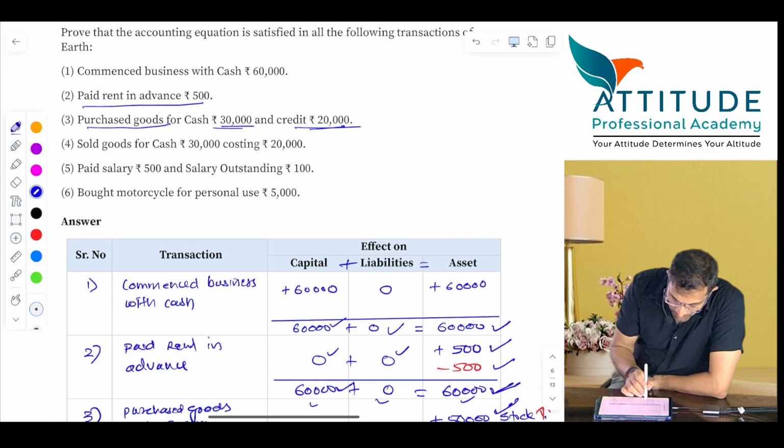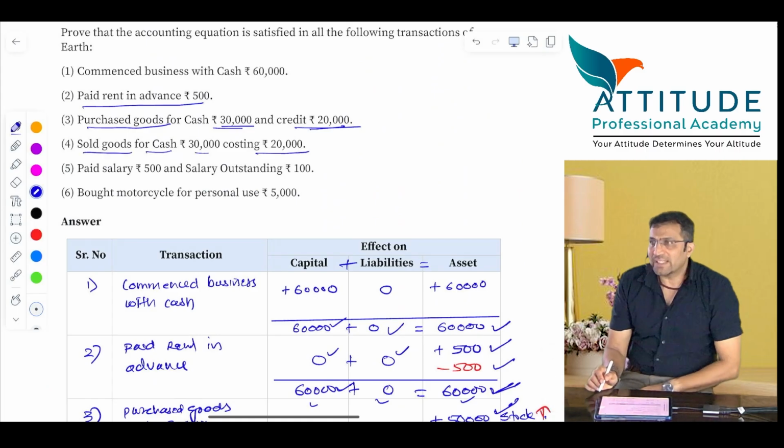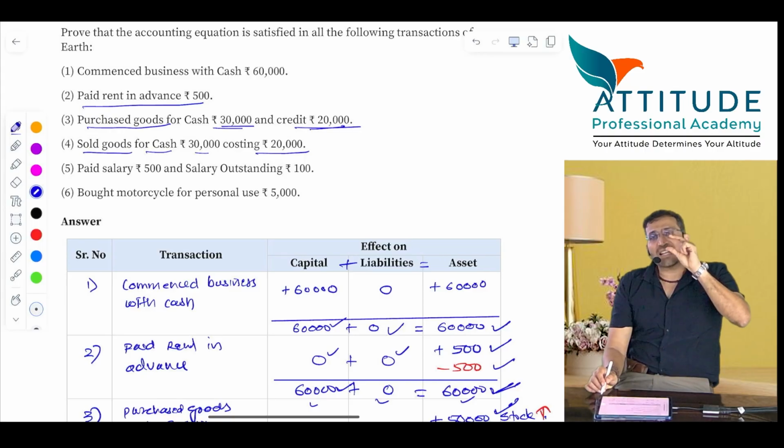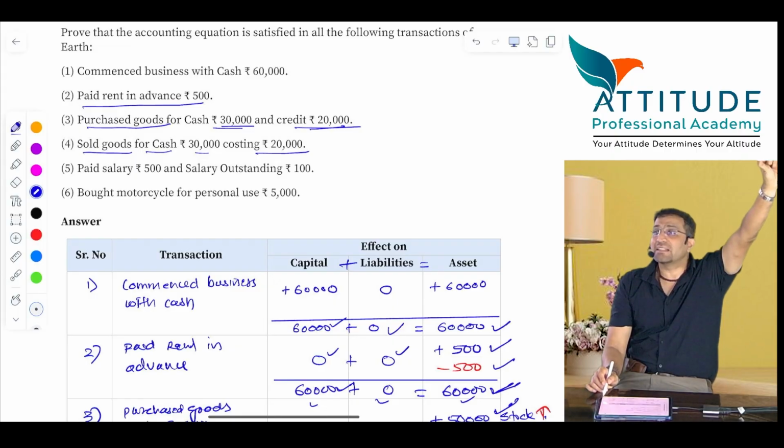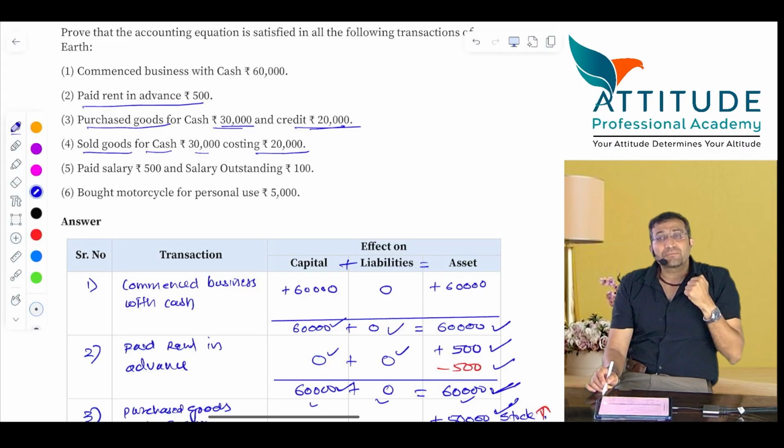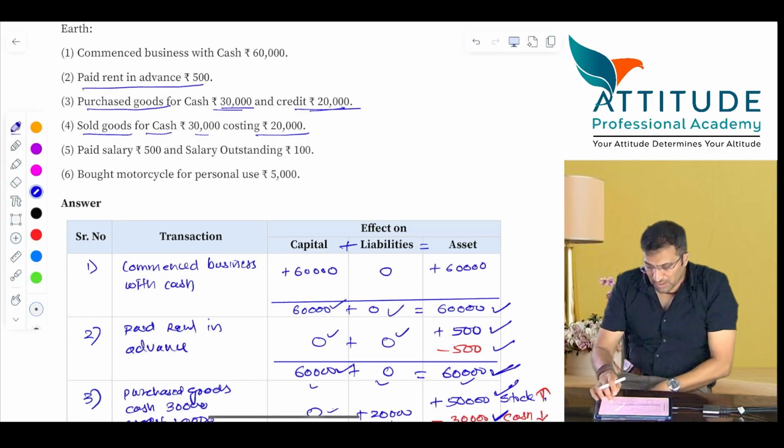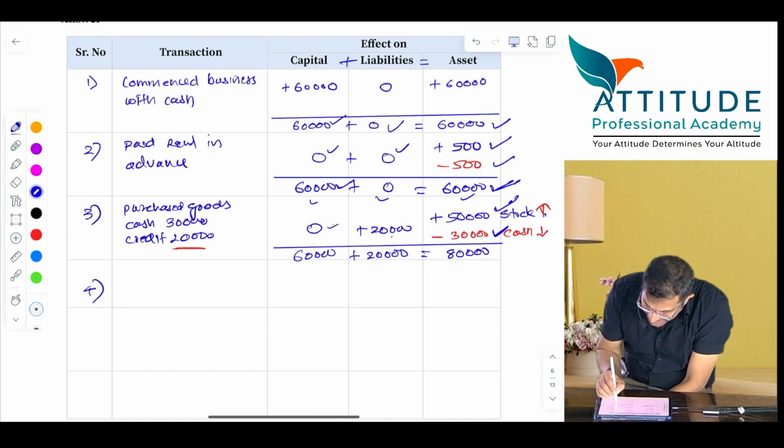Tell me. Fourth. Sold goods for cash 30,000 costing 20,000. You are selling a 20,000 item for 30,000, so how much cash came in? 30. So plus 30,000. This is cash. Cash increases.